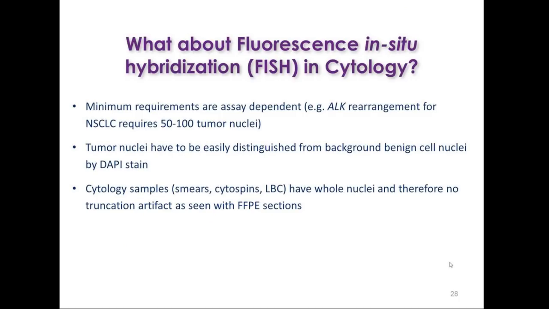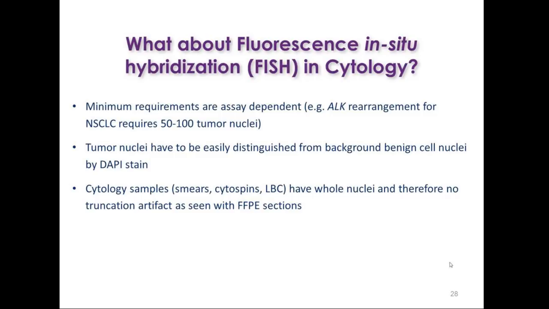So what about FISH testing? FISH testing can be done in cytology. These tests are less dependent on the tumor percentage. Each assay has specific requirements of the number of cells that you need. The main thing is that you should be able to distinguish the tumor nuclei from the background cells. Cytology samples, including smears and liquid-based, have been utilized for FISH.